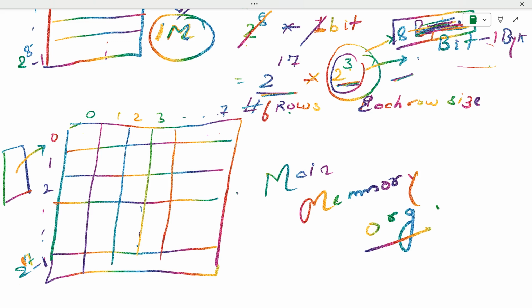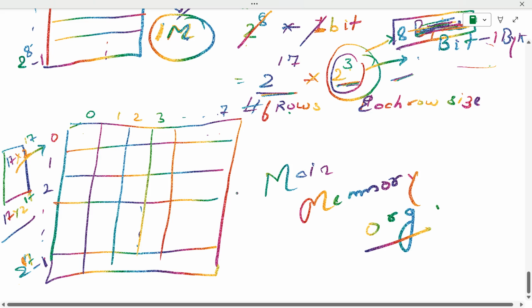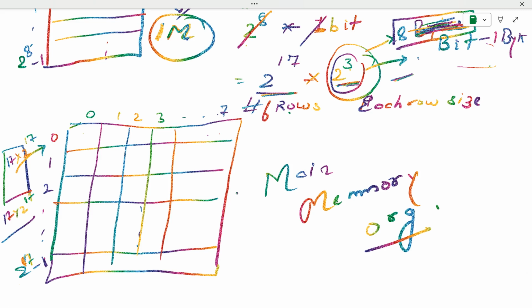So we can say the decoder size will be 17 into 2 raised to the power 17, because the number of rows is this. Okay, yeah, that's it. This is the way we can constitute the main memory.